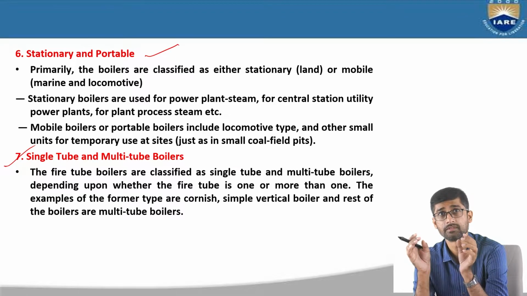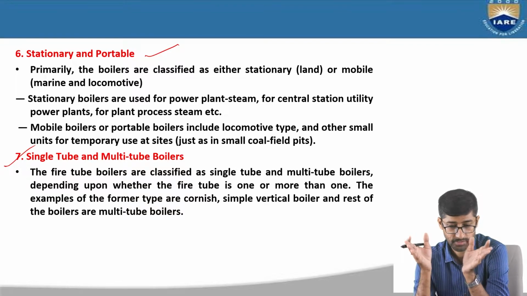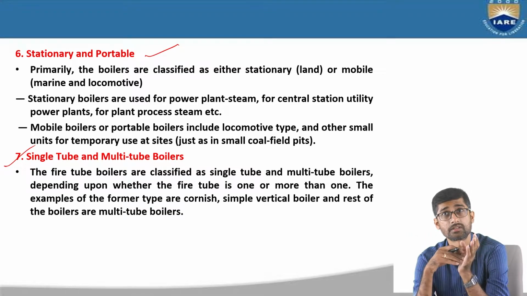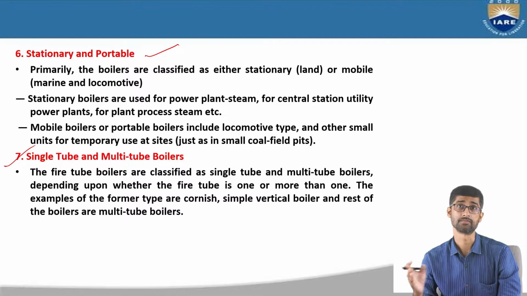If it is a single tube, then it is called a single tube boiler. If it is more than one tube, then it is called a multi tube boiler. Examples are Cornish boilers, vertical boilers, and the remaining boilers like Babcock and Wilcox, locomotive boilers. These are all called multi-tube boilers because they contain more than one tube.